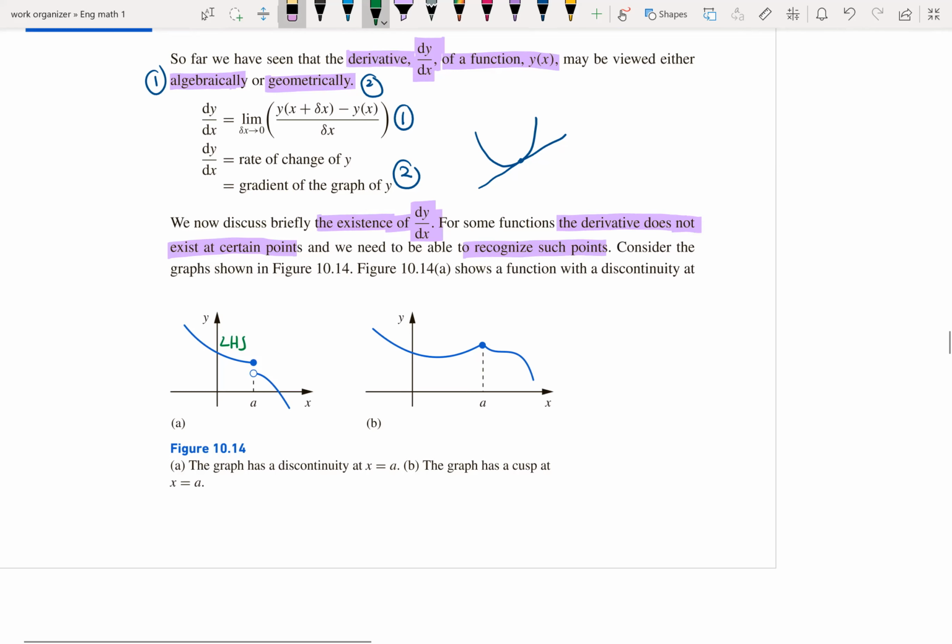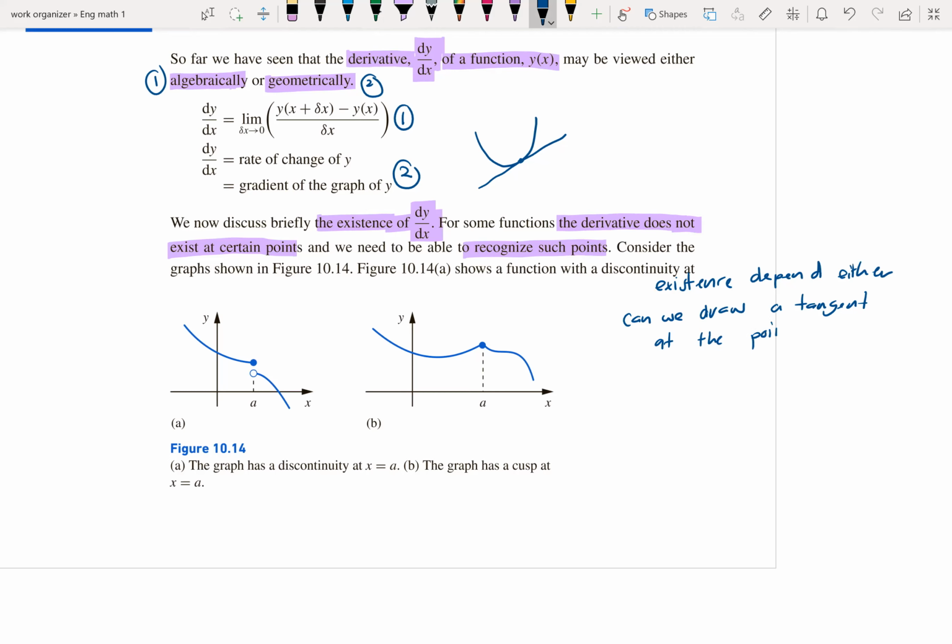The key here is: can we draw a tangent at the point or not?